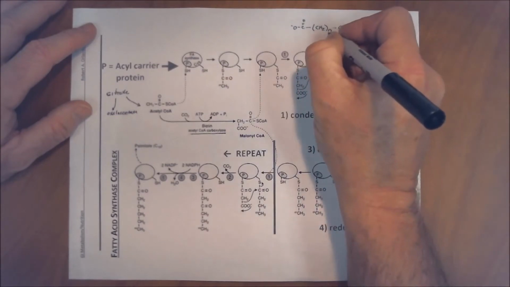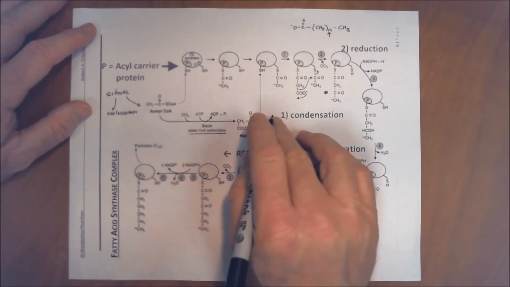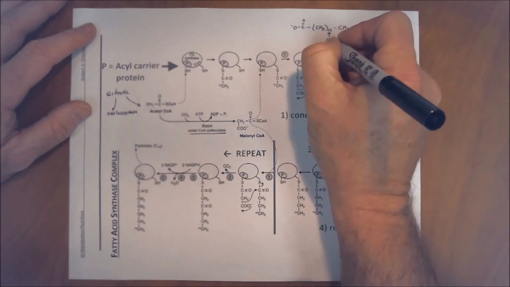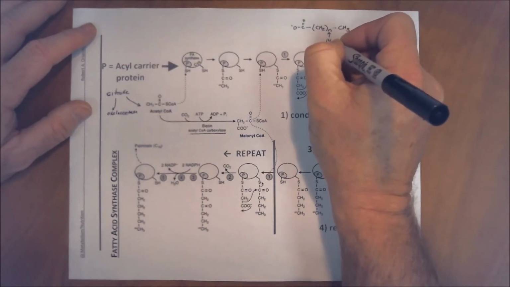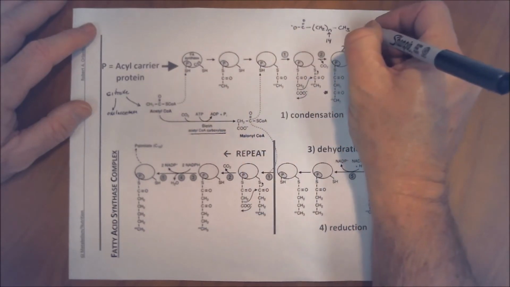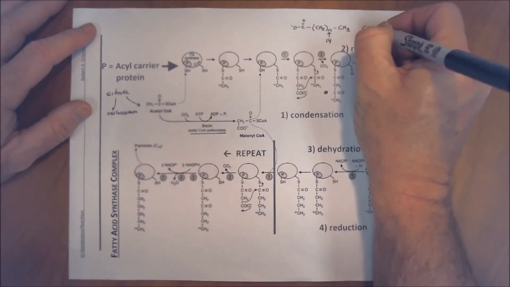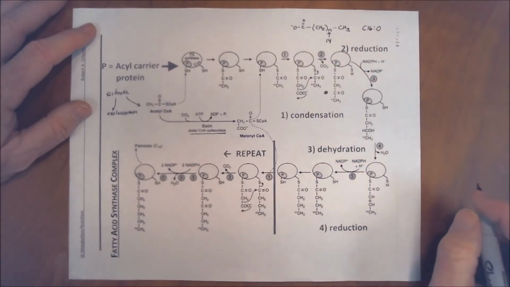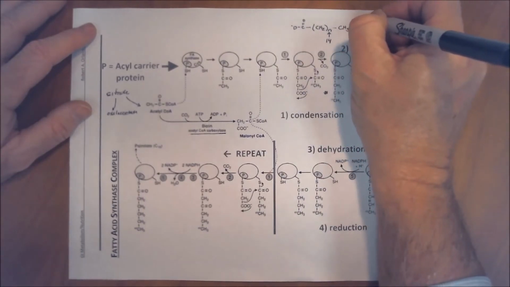This n, in biosynthesis of fatty acids through this process, will equal 14, because 14, 15, 16, we will be making a C16 saturated fatty acid, which is palmitate.